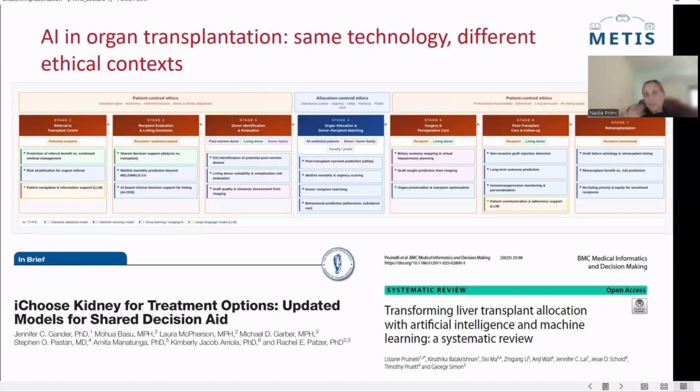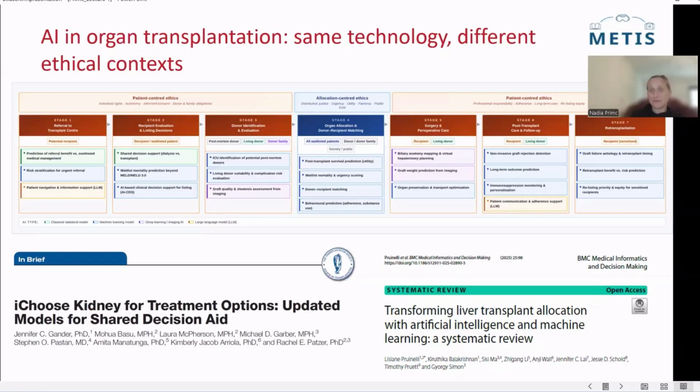Transparency in that case means that the weights assigned to, for example, urgency, survival benefit, waiting time, and all the other criteria used in the allocation decision are visible and defensible to society as a whole. An algorithm that is sufficiently transparent for informed consent, like the I Choose Kidney system, may be entirely insufficient for the accountability that a public allocation system, like the one in my second example, demands.